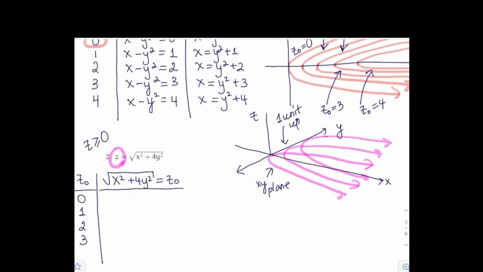That should be enough for me to get a general idea of what my surface is going to look like. So this would be the square root of x squared plus 4y squared is equal to 0, and then I'm just going to set this function equal to all of my numbers.